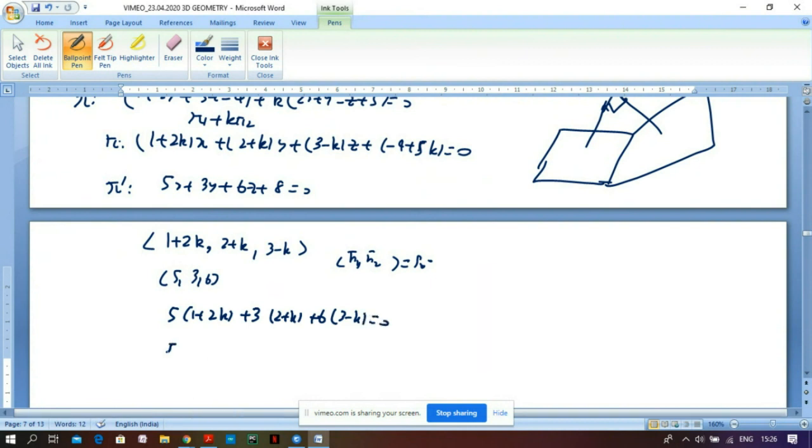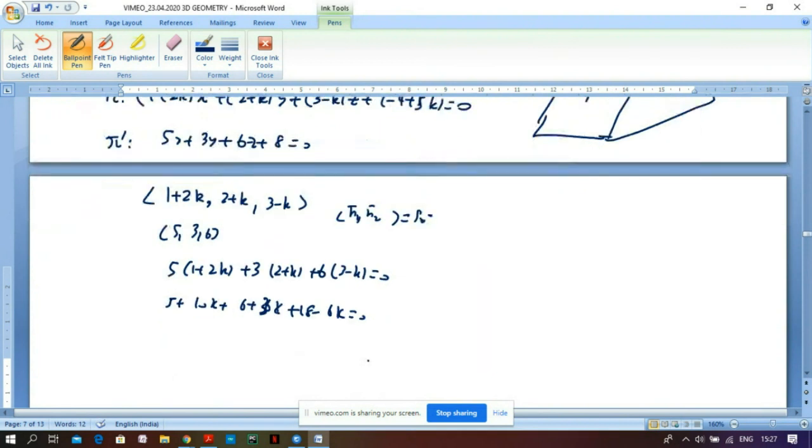I can calculate the terms: 5 plus 10k plus 6 plus 3k plus 18 minus 6k is 0. So adding 5, 6 and 18, we get 29, and the k terms give 10 plus 3 minus 6, which is 7k. So 29 plus 7k is 0.